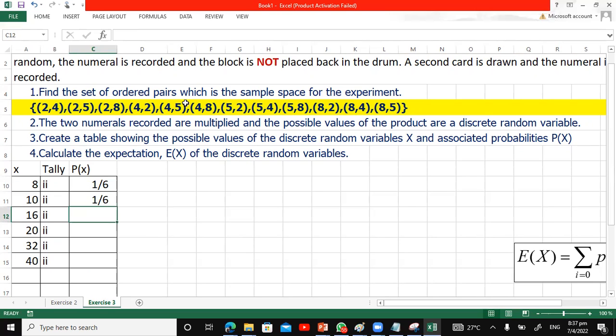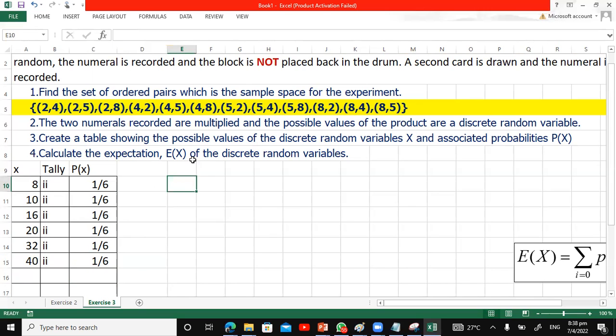Probability of getting 16 is going to be 2 out of 12. Probability of getting 20 is going to be 2 out of 12. Probability of getting 32 is going to be 2 over 12. Probability of getting 40 is going to be 2 over 12. All right, so those are the probabilities.